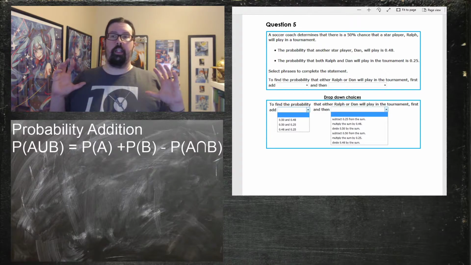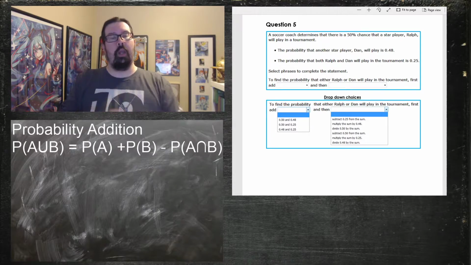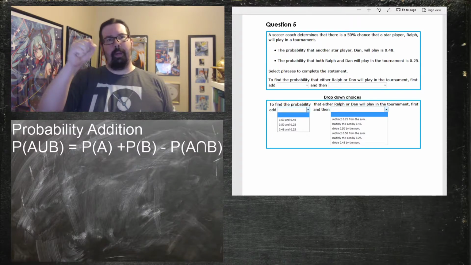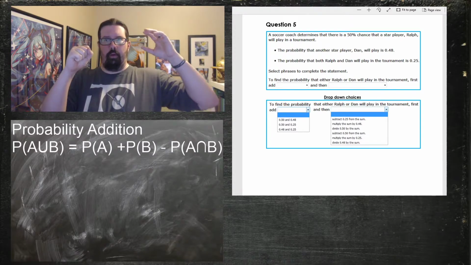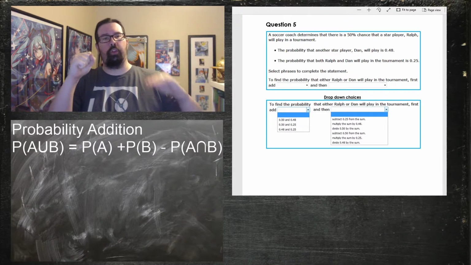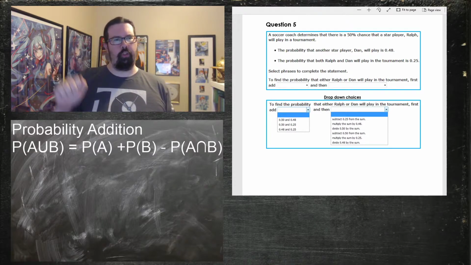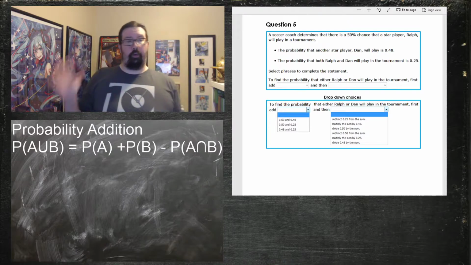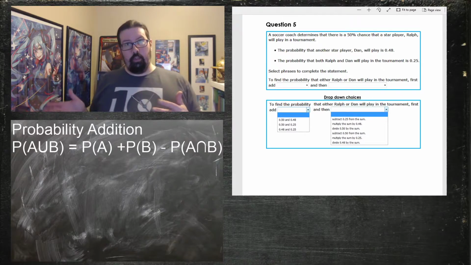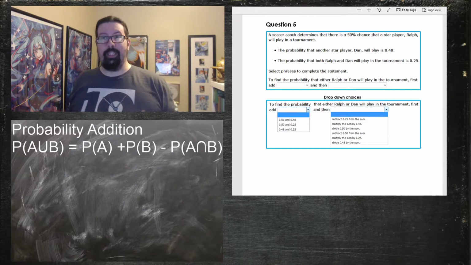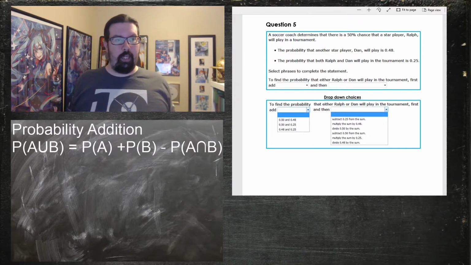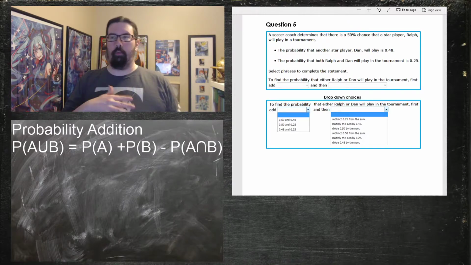And the combined is 0.25. But it wouldn't make sense to add the combined and not Dan or Ralph. So you definitely don't want to use that 0.25 in the first one. Therefore, anything that uses 0.25 is completely useless, right? So the first option has to be 0.5 and 0.48.